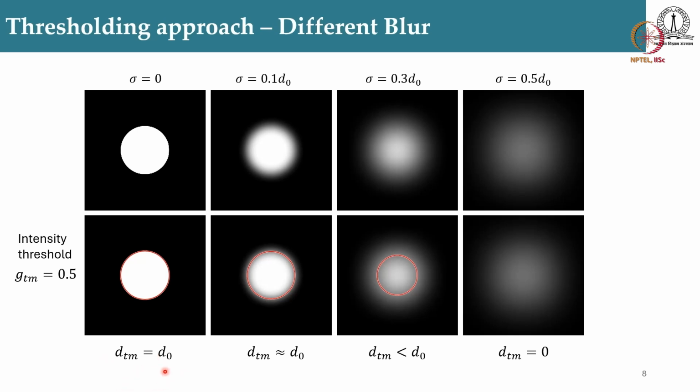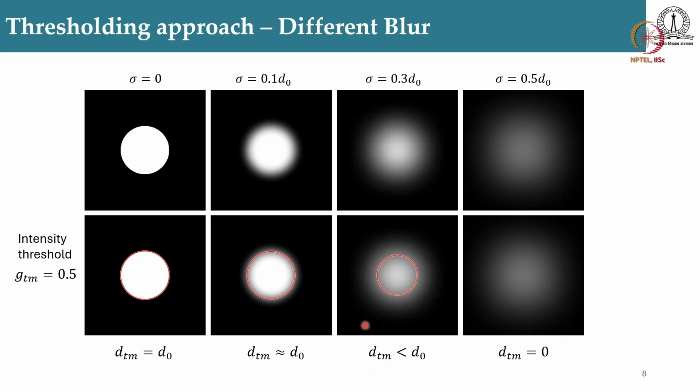Because there is no blurring. But for the case where there is some blurring, say 10% of the particle size, you can see the particle image is not that blurred, and this thresholded size is roughly the same as the particle size.